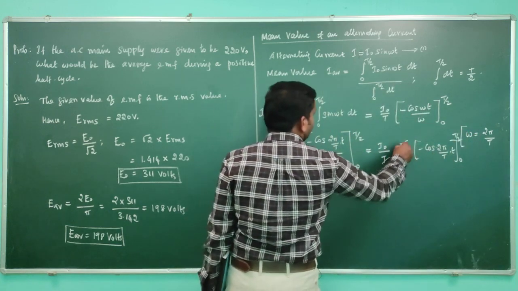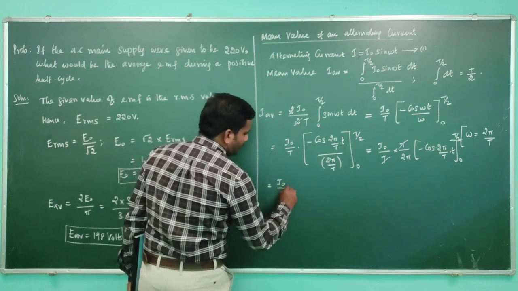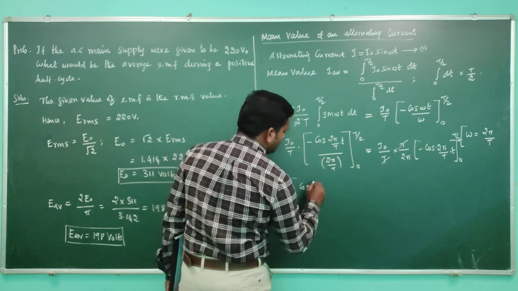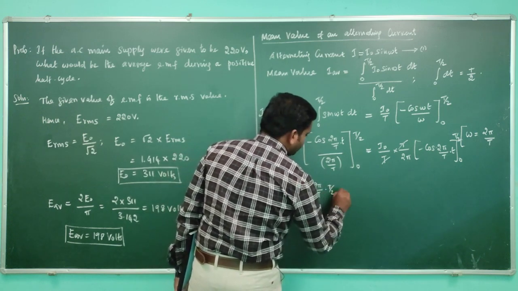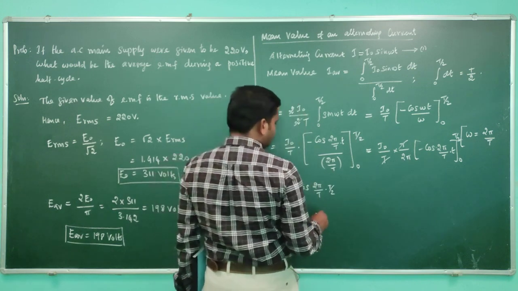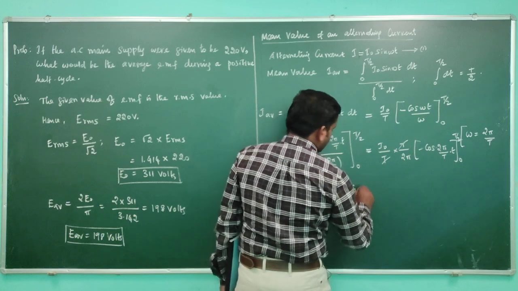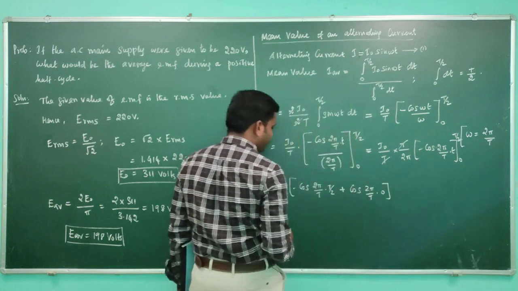T will cancel out. What is remaining is I naught by 2 pi inside, minus cos 2 pi by T multiplied by T by 2, minus of minus, plus cos 2 pi by T into 0.